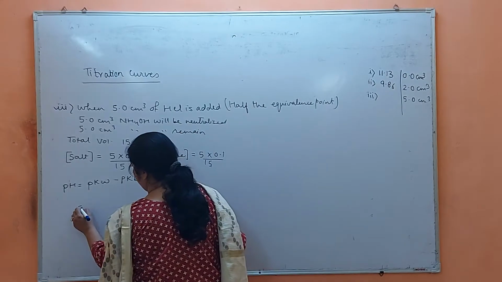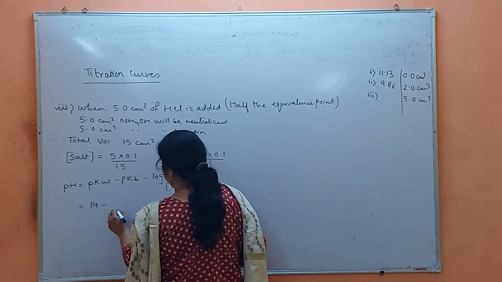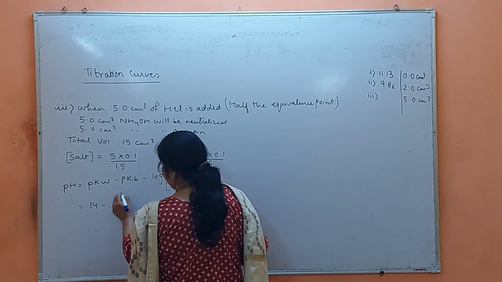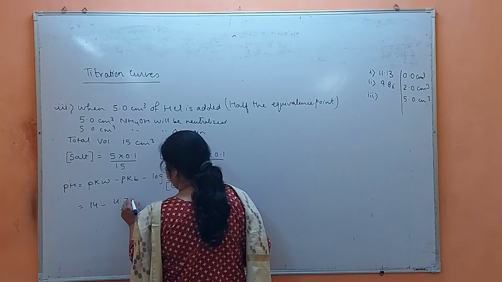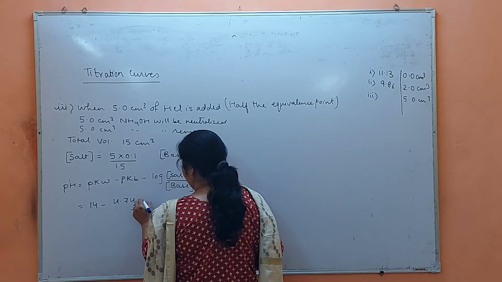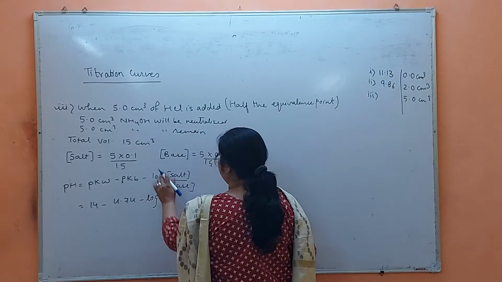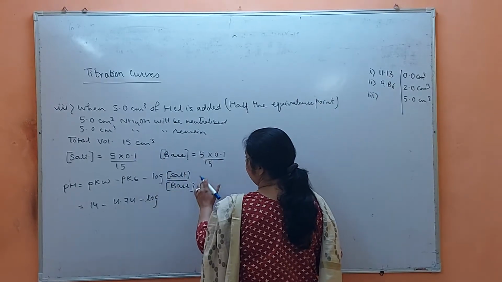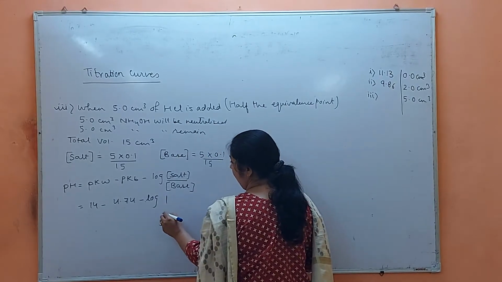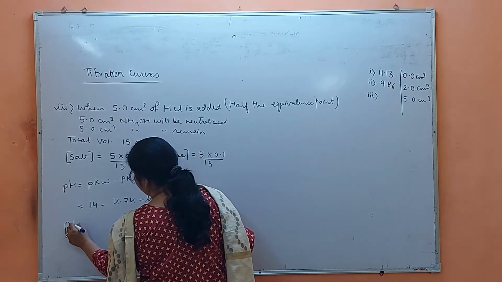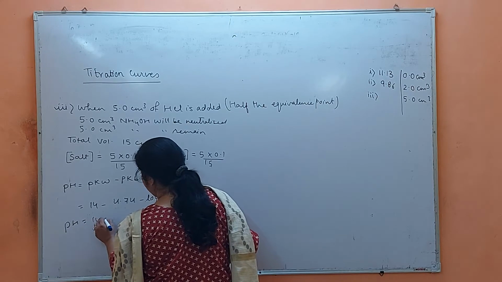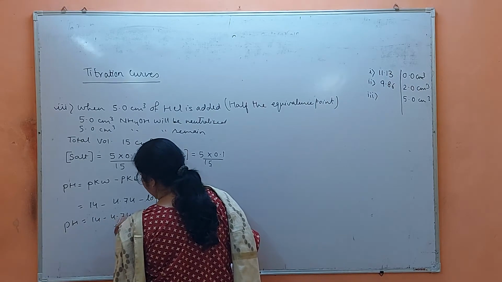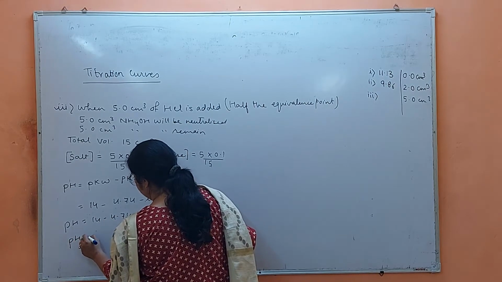So it will be equal to 14 minus 4.74. Now see, this is log 1, because if we do salt by base, this all will get cancelled and we will get log 1, and log 1 is 0. So pH will be equal to 14 minus 4.74, which comes out to be 9.26.